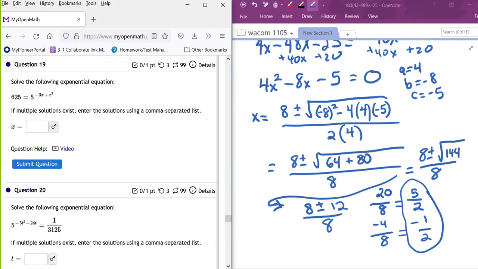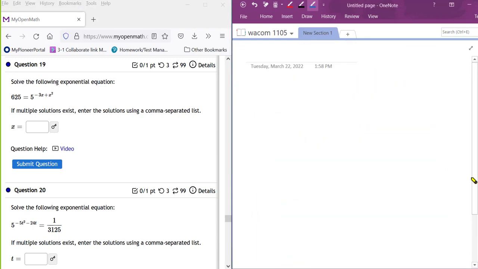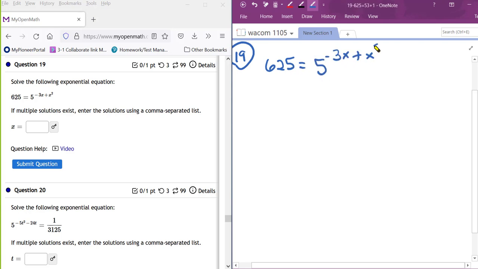So 19: we have 625 equals 5 to the negative 3x plus x squared.